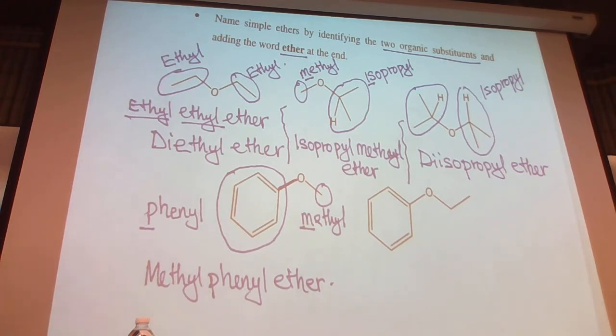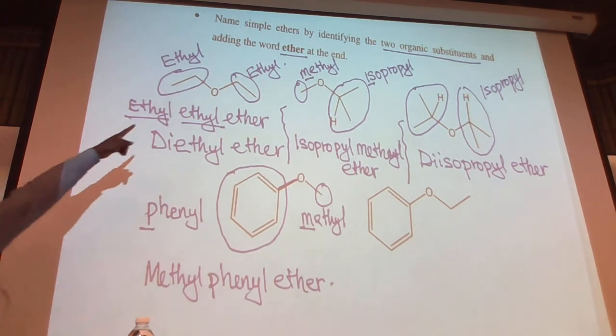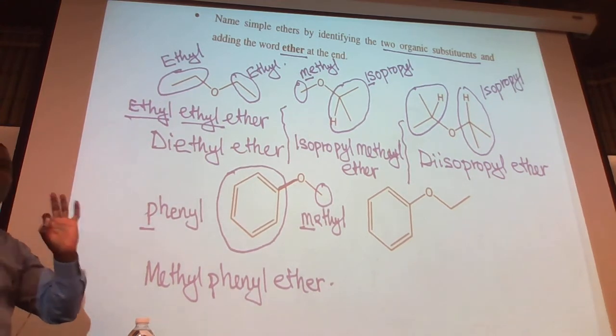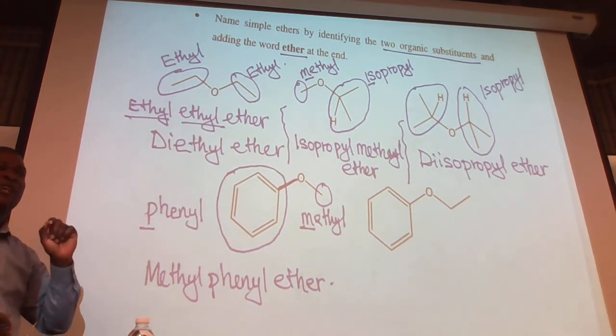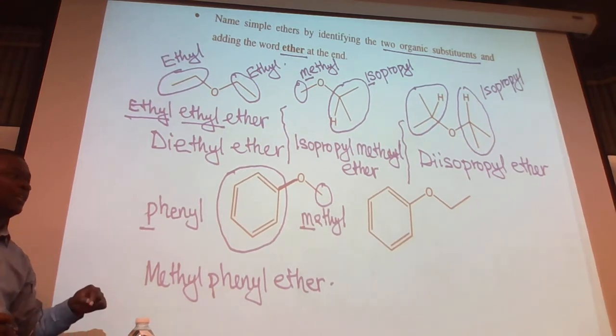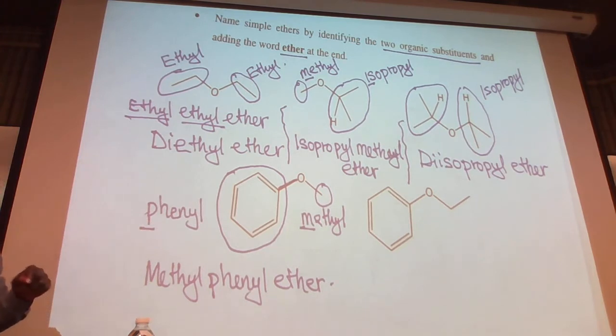So you only use this naming rule if ether is the only functional group that you have in the structure. If that O with the alkyl groups around it is the only functional group that you have. If you have any other functional group in the structure, it's not going to be named as ether anymore.